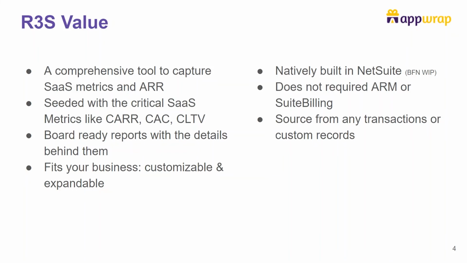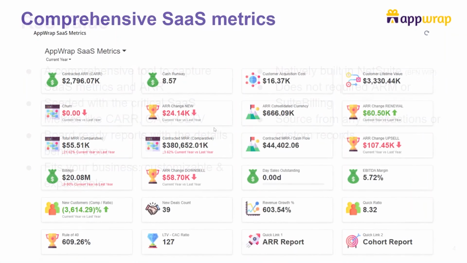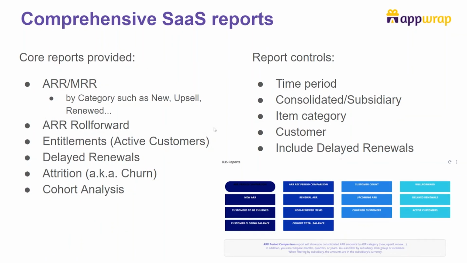It's customizable and expandable, natively built in NetSuite, and does not require any special modules from NetSuite. And you can source from any transactions you need. We saw the comprehensive SaaS metrics. We've seen the comprehensive reports and drilling capabilities, such as by category and type.